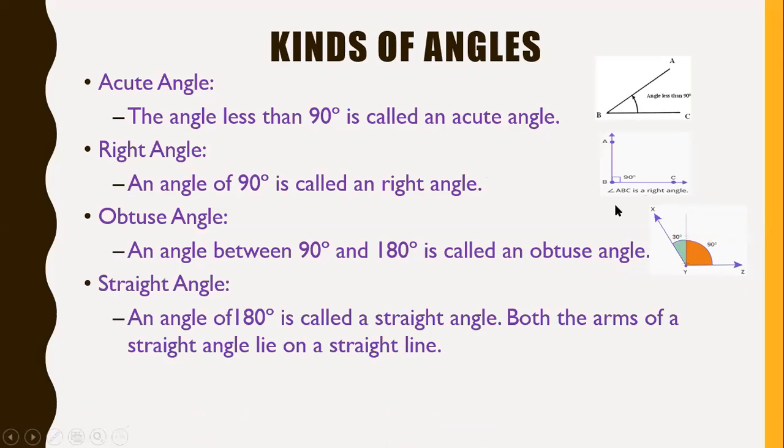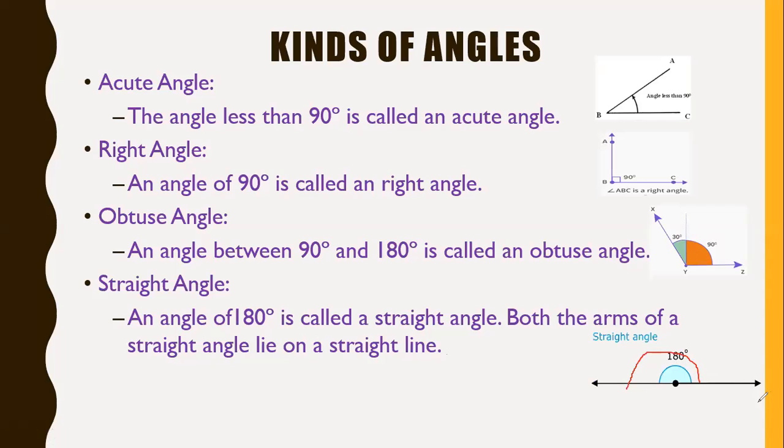Now what is a straight angle? As I told you, if I draw an angle from the starting point till here, we get the straight line. So this angle is called a straight angle. Why? Because both the arms of the straight angle lie on a straight line.